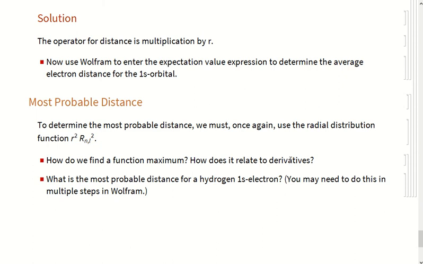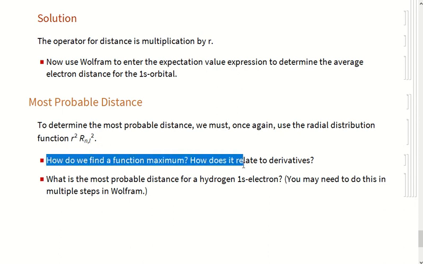What must I do to find the maximum, given that the radial distribution function is r squared times the radial component squared? We can do this with a hydrogen 1s electron by remembering what the radial component is for the 1s electron. So the real key to solving this problem is, how do I use derivatives to determine a function maximum?